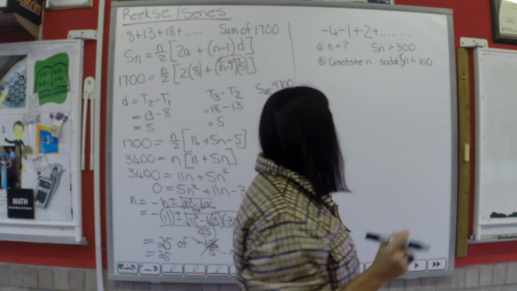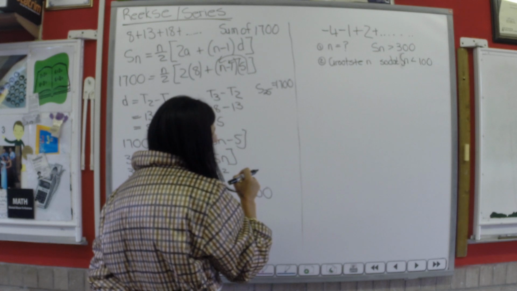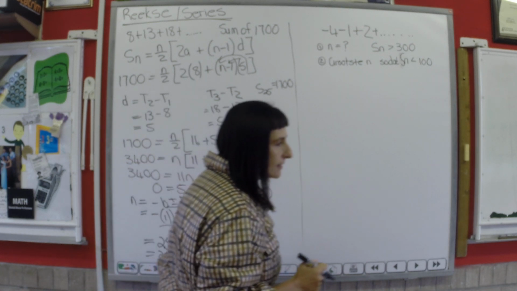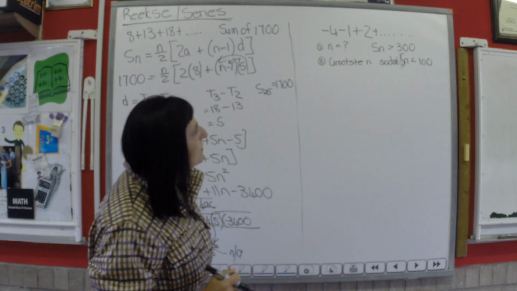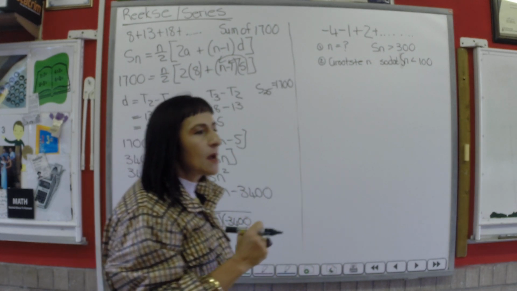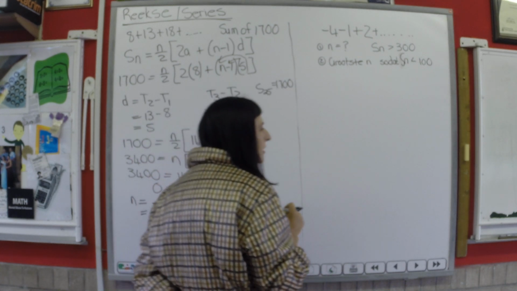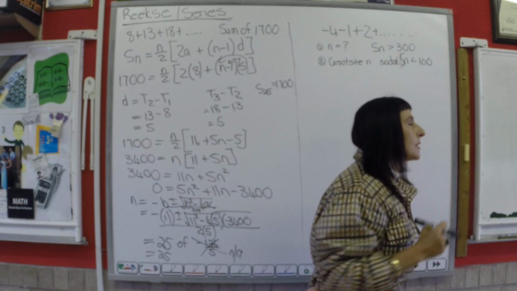The question is, how many terms must I add together so that the sum of this series will be greater than 300? So I'm going to make my sum equal to 300. Ek gaan hom gelyk maak aan 300. Kyk wat gebeur en dan gaan ek my besluit maak.